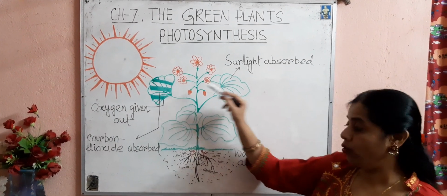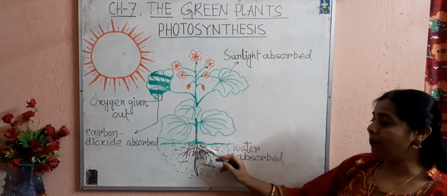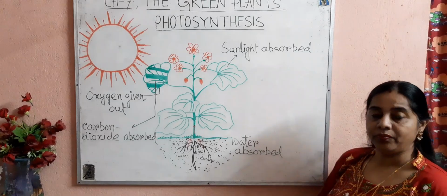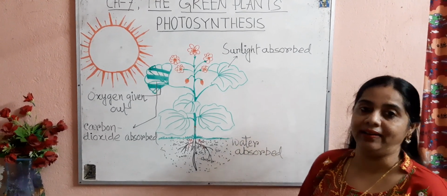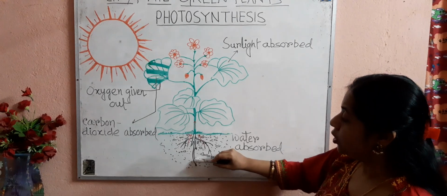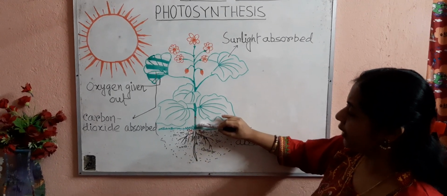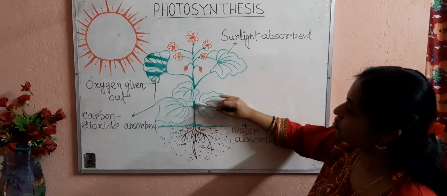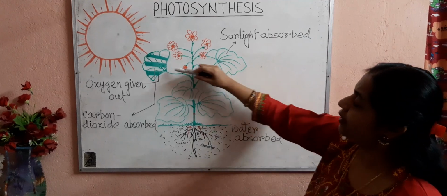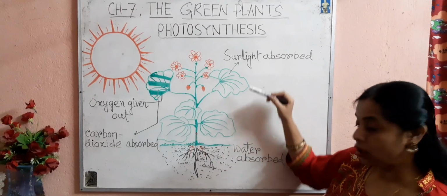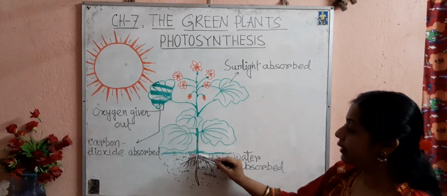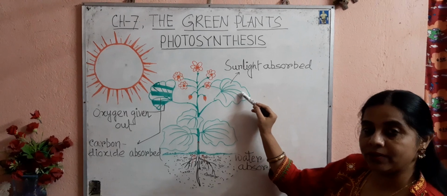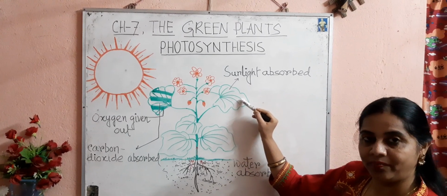Now the roots of the plants absorb water from the soil, and this water is transported by the stems to the different leaves of a plant. Understood? So the water absorbed by the roots, transported by the stem, is supplied to the leaves where chlorophyll is present. Got it?